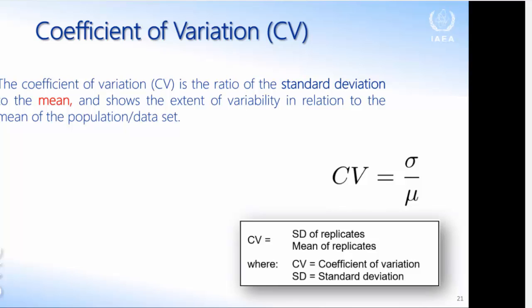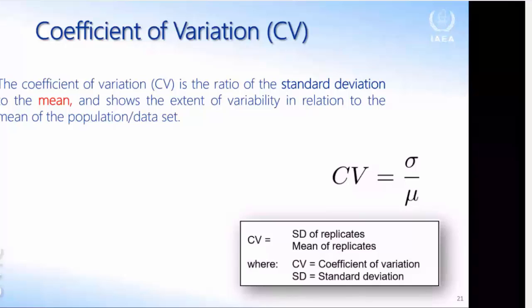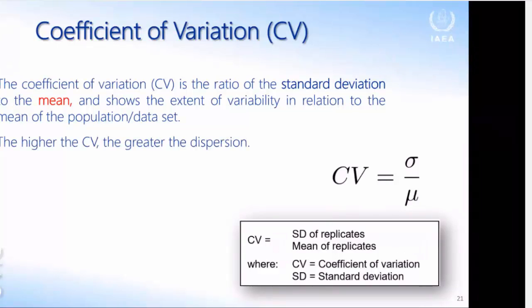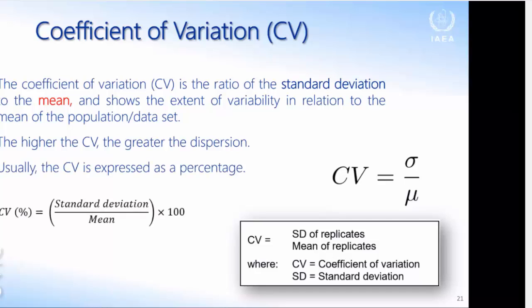Another term is the coefficient of variation. The coefficient of variation is a ratio of the standard deviation to the mean, and shows the extent of variability in relation to the mean of the population or the data set used. The higher the coefficient of variation is, the greater the dispersion of results is.